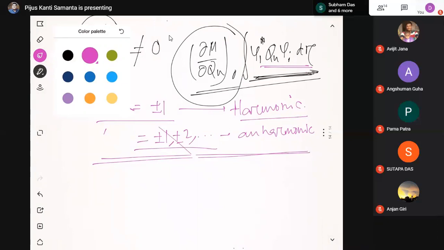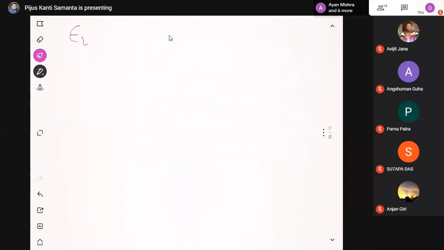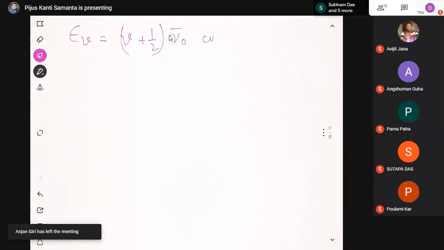Now let us look into the vibrational spectra of a diatomic molecule. Let us write the equation first, under the harmonic approximation. This was the case of harmonic motion.